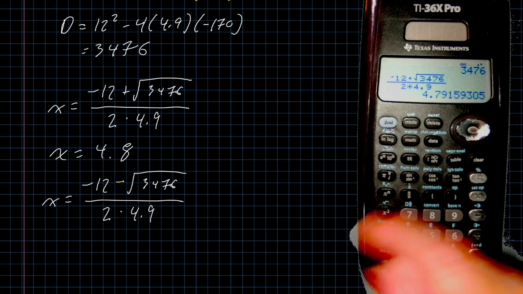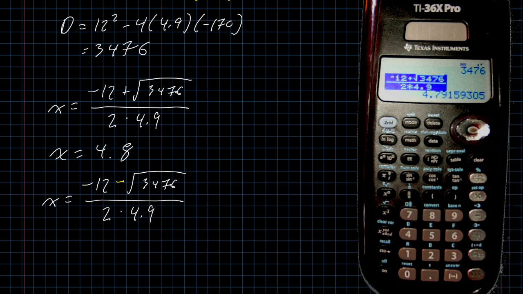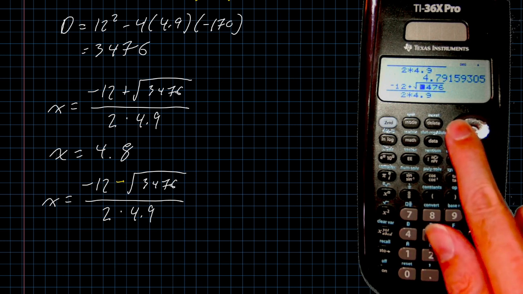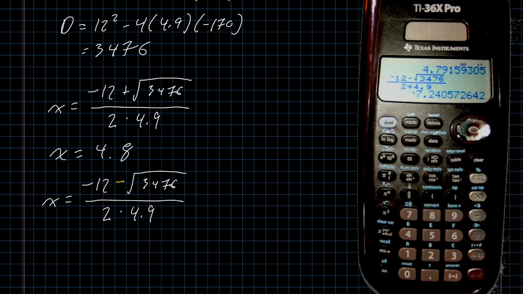I don't want to have to type the whole thing, so if I hit the up key a couple of times on my calculator, and then I hit enter, I can select that expression that I just punched in, and I can navigate through the expression until I get to that plus sign, turn it into a minus sign, hit enter again, and I get that x2 is negative 7.2.